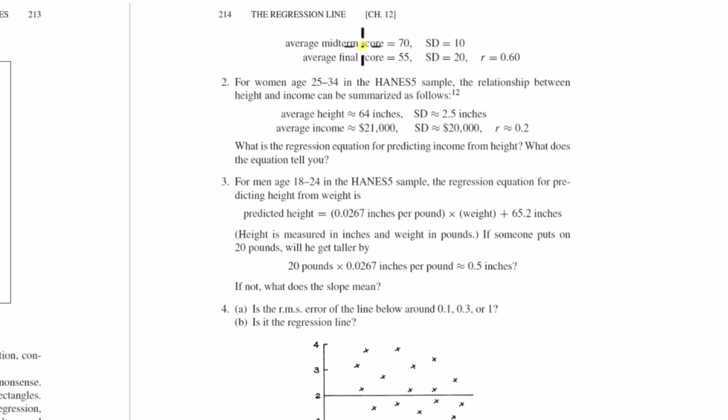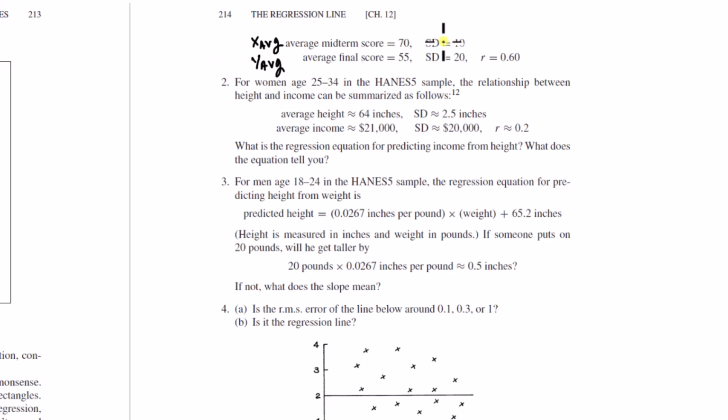Okay, the point that this line goes through, we know that any regression line is going to go through the point of averages. So the point of averages is, let's see, the midterm score is the input, so this is X average. And the final score is the output, so this is Y average. So there's a point, right? Now, what's the slope of the line? Well, we know exactly what the slope of the line is.